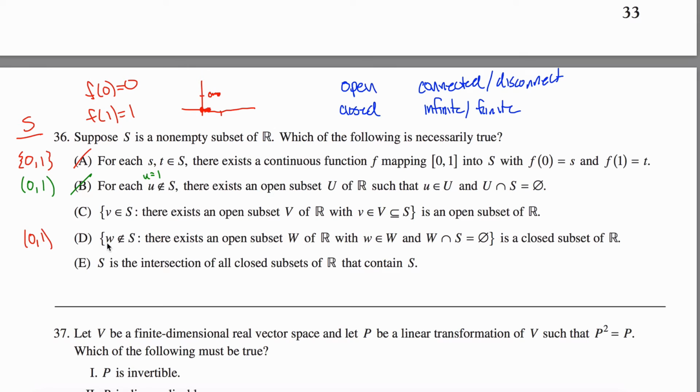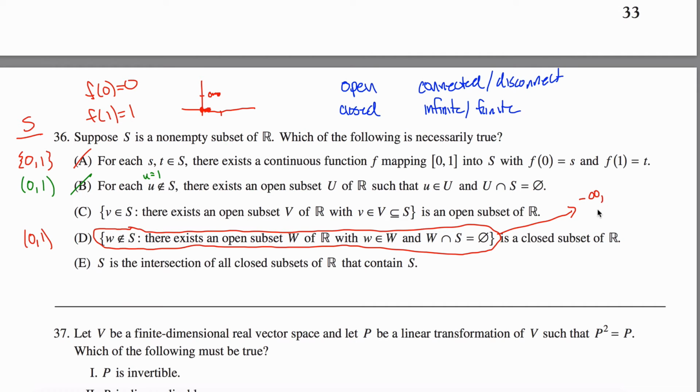What is the set of all elements such that there exists an open subset? So what would that contain? Maybe, where do I write this? Over here. If S is this guy, then this set is going to contain a lot of elements, all the elements from negative infinity all the way up to 0, but not including 0, and I'll explain why in just a sec, and then all the elements from 1 up to infinity.